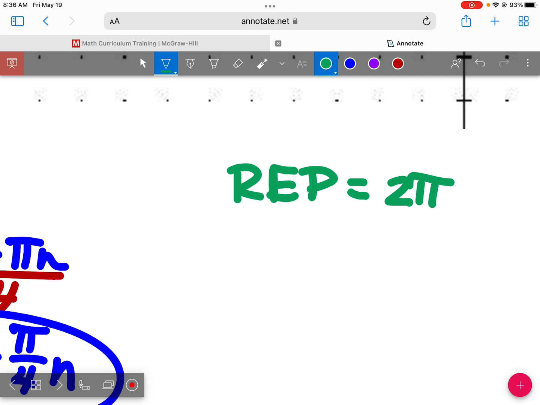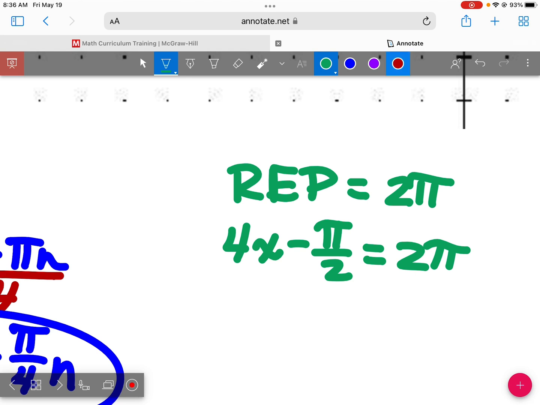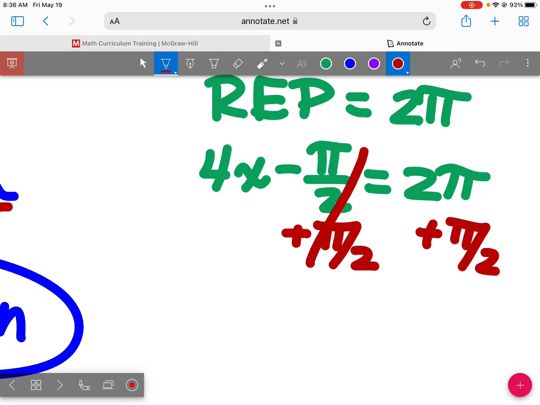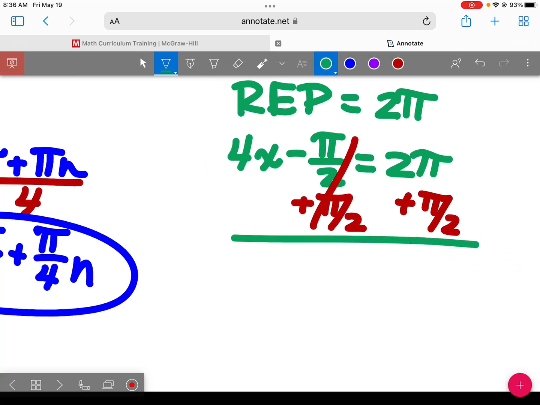Negative pi over 2 would be here. What's the cosine value of that? 0. So I have 0 times 3. All right, 4x minus pi over 2 is equal to 2 pi. I'm going to add pi over 2 to both sides. What's 2 pi plus pi over 2?